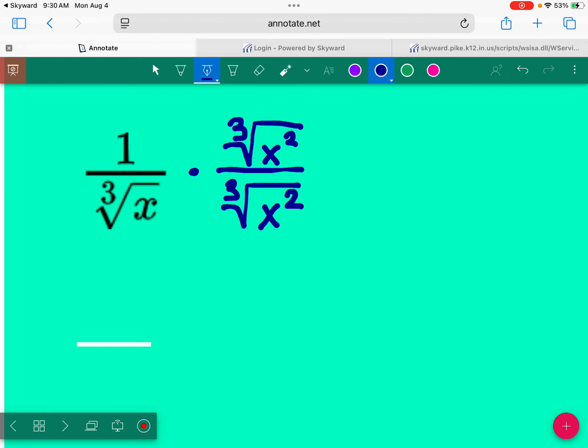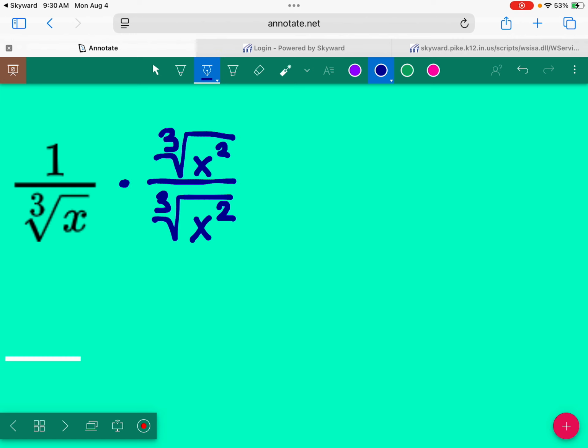Now when we multiply these together, if I look at my denominator here, if I have my cube root, and we have x times x squared, now do we see what's happening? Now it's going to be x cubed.